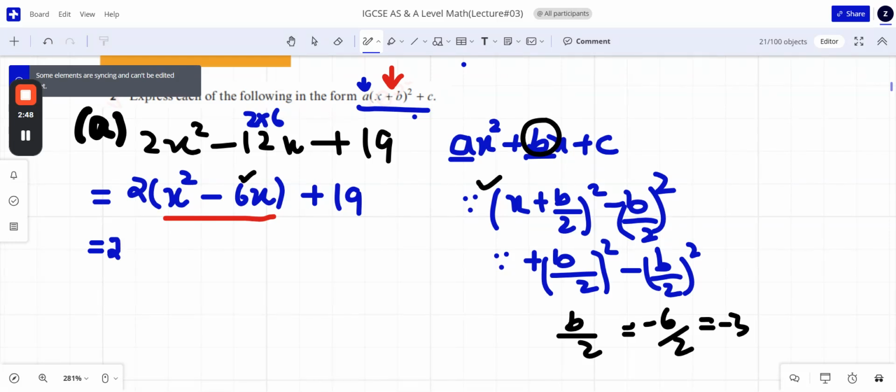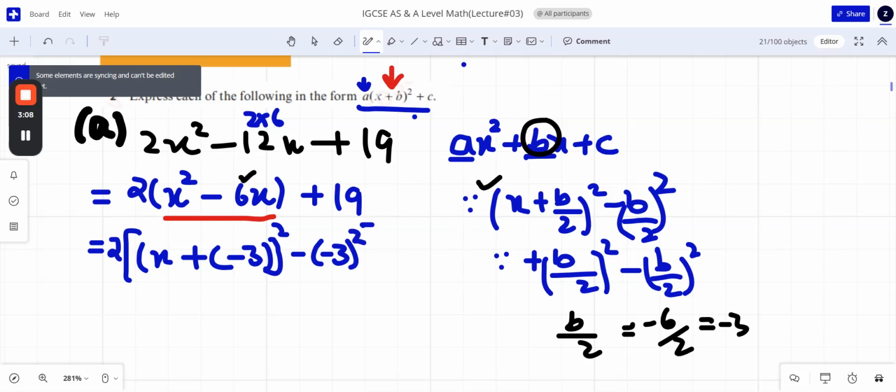Outside the parentheses, the values will remain the same, so 2 into x. Then b by 2 is minus 3, whole square, and at the same time we subtract minus 3 square. Inside the parentheses we apply the completing square method; outside the parentheses the values remain the same, plus 19. Now 2 into (x minus 3) whole square.